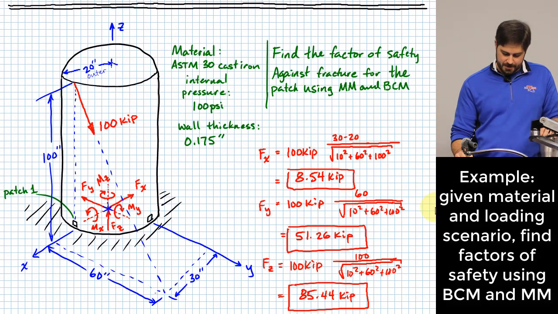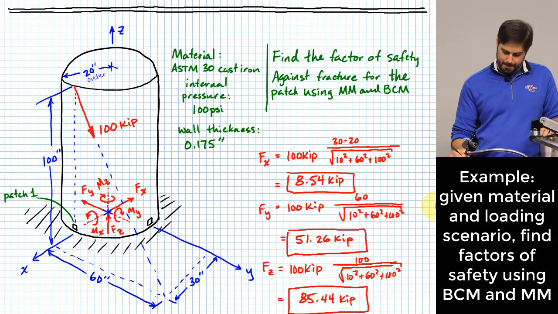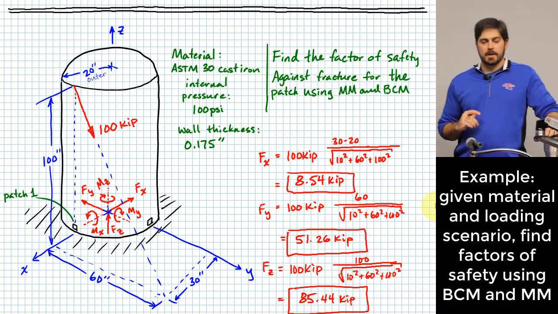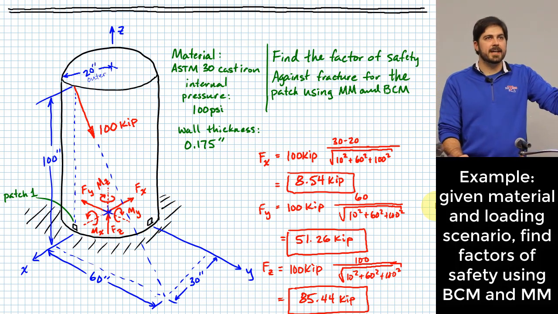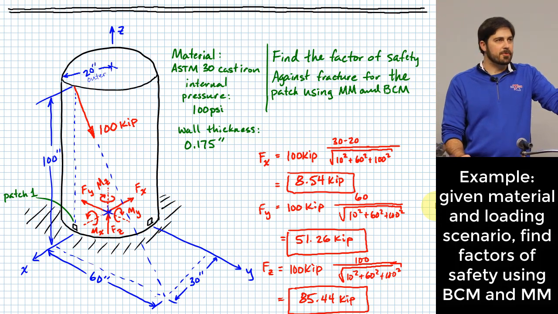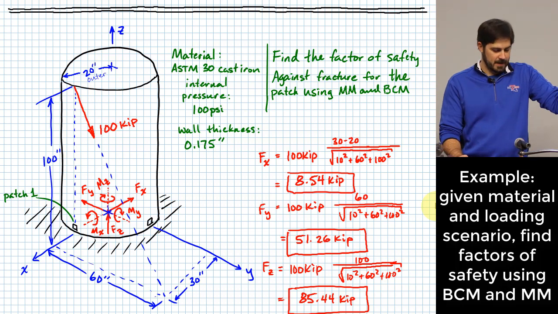All right, here it is. What we have here is a cylindrical tank that is set up vertically. The cylindrical tank is carrying a fluid that is held at an internal pressure of 100 psi. The wall thickness of this vessel is 0.175 inches.